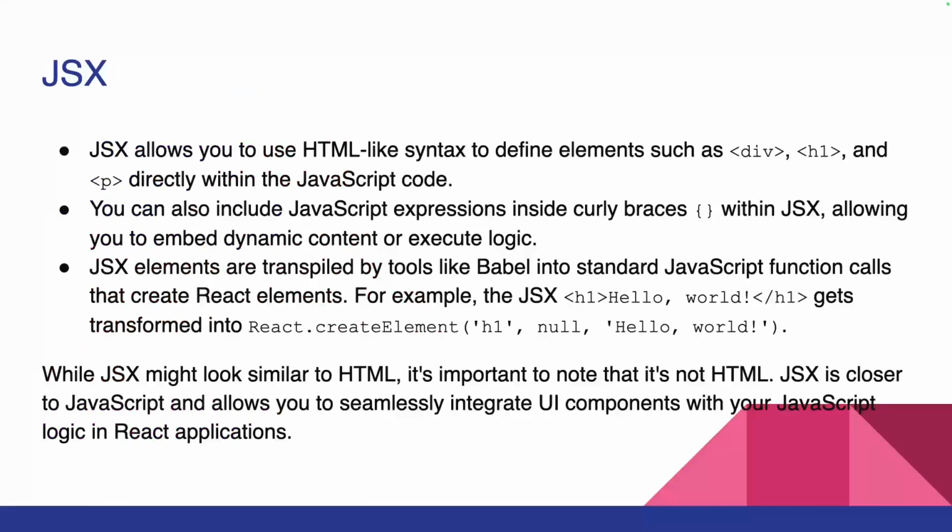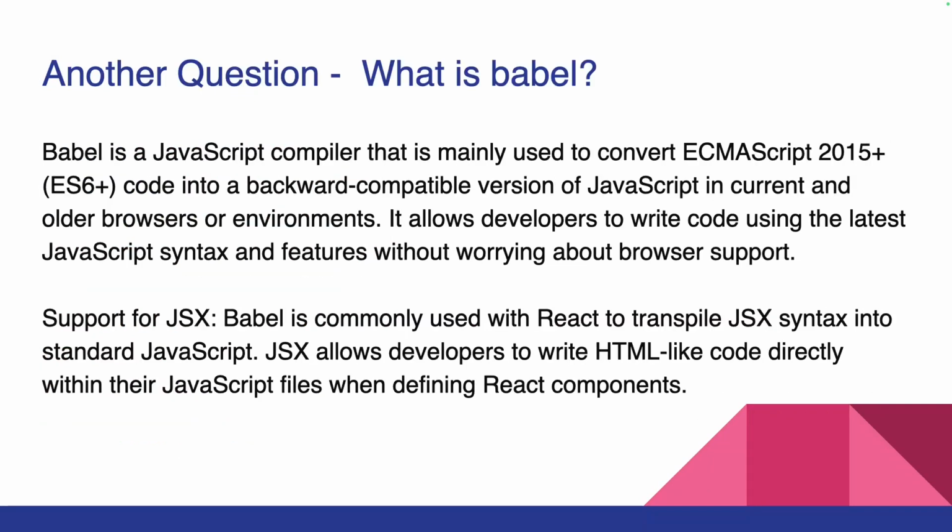JSX allows you to use the HTML syntax we already defined. You can also include JavaScript expressions, transformed by tools like Babel into standard JavaScript functions. For example, the JSX hello world, and Babel is a JavaScript compiler.